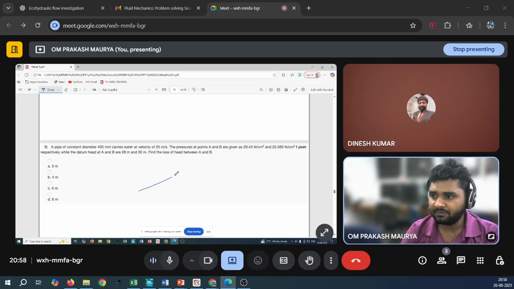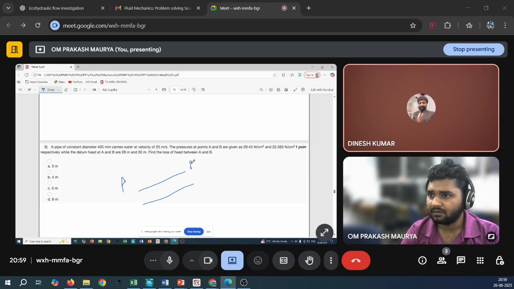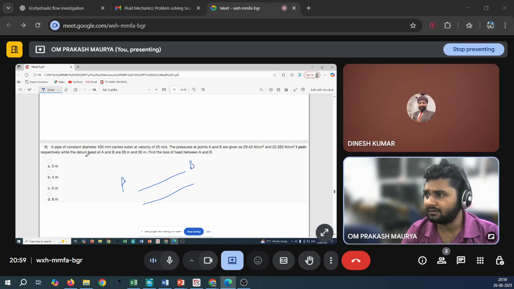Yes. So let me explain, for the other students who will see this later. We have the two points A and B, and the diameter is constant everywhere. So D is equal to 400 mm. Remember, please, 400 mm.